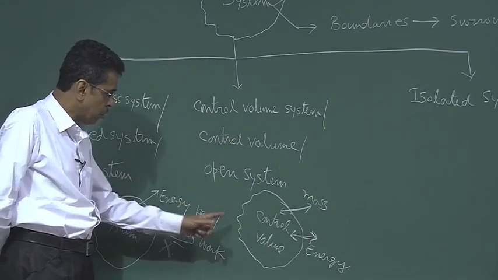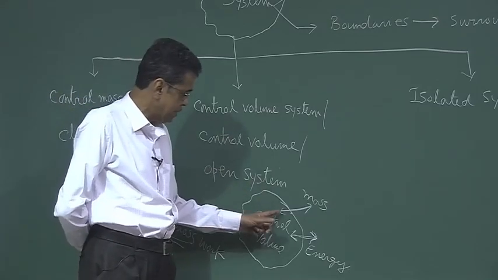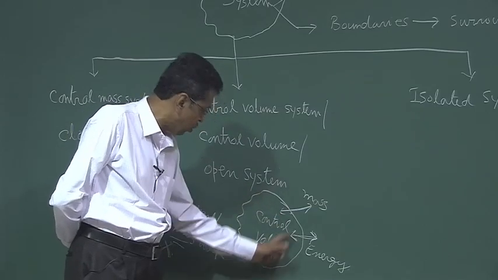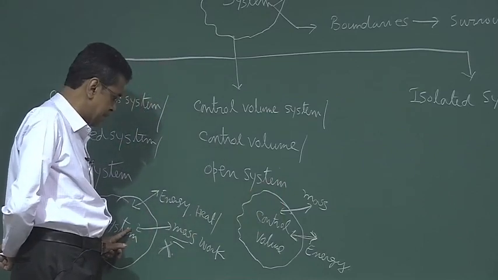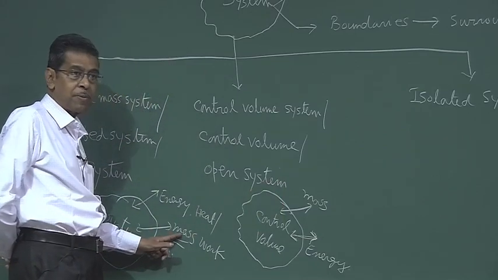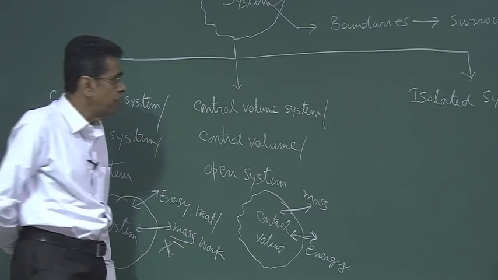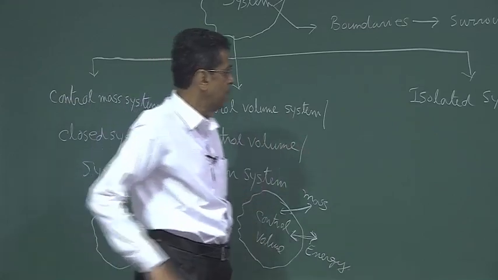That way, a control volume under that special condition, where the net mass efflux or net mass influx is 0, keeps the mass inside the control volume the same, but not with the same identity. Here the mass remains the same with the same identity, since the mass transfer across the system boundary is 0. There is no mass transfer. Neither does it go out nor does it come in.